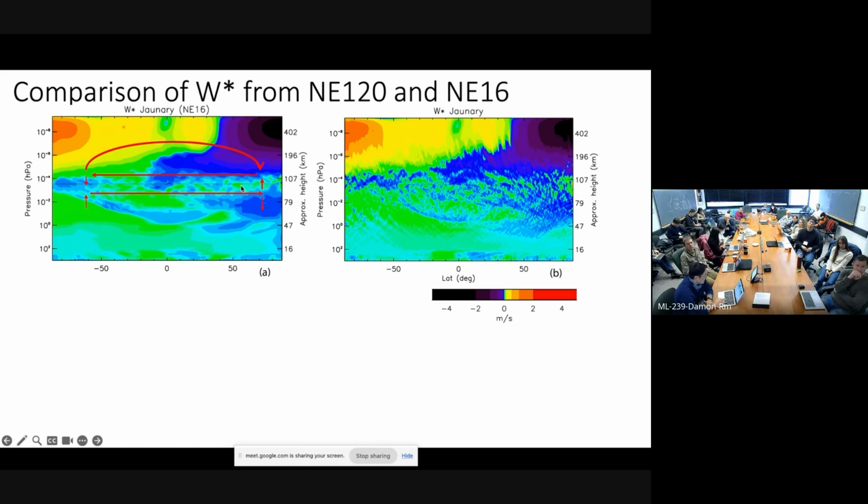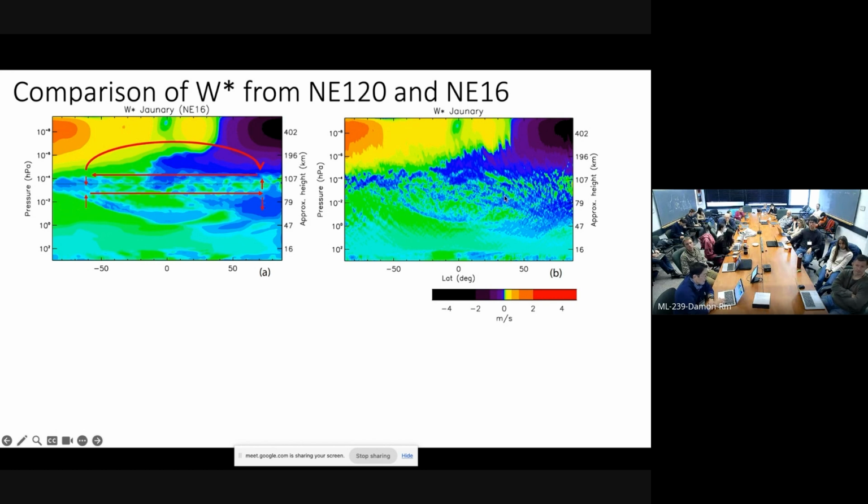This is the green pattern. By the way, this is a nonlinear scale so that we can see the whole domain. So you see this upward branch, and then a downward branch, and then you drive a winter to summer return flow.